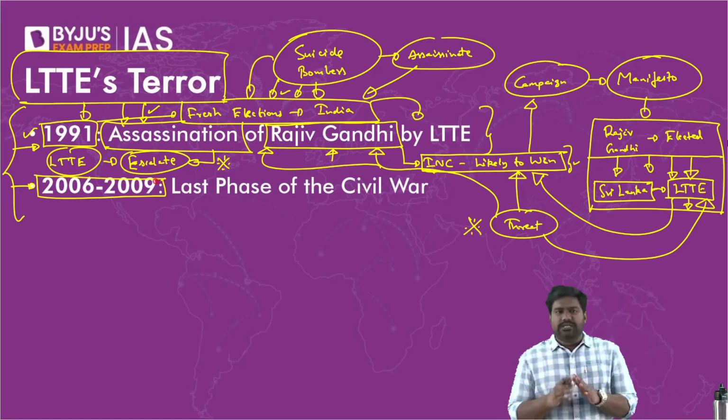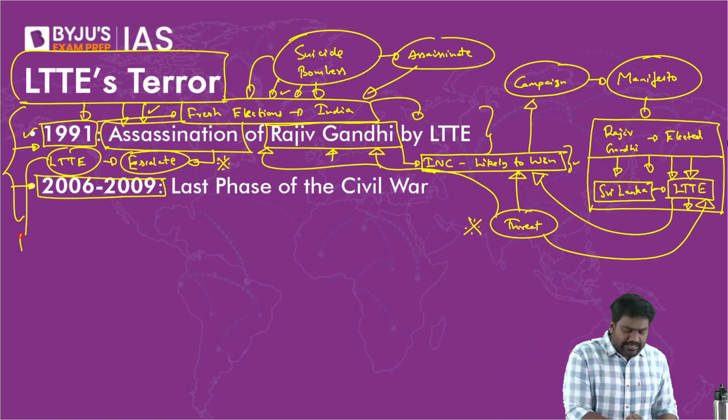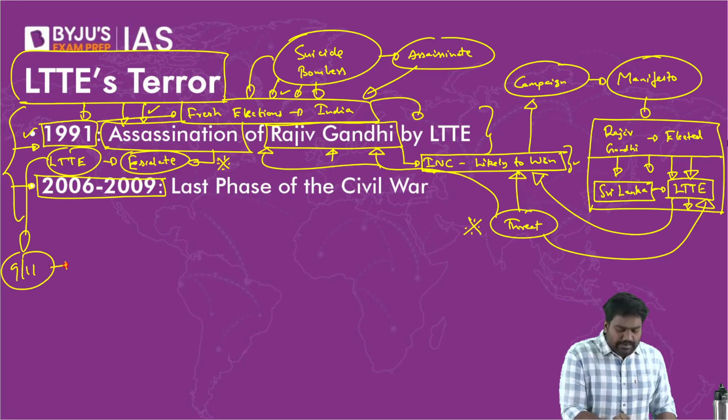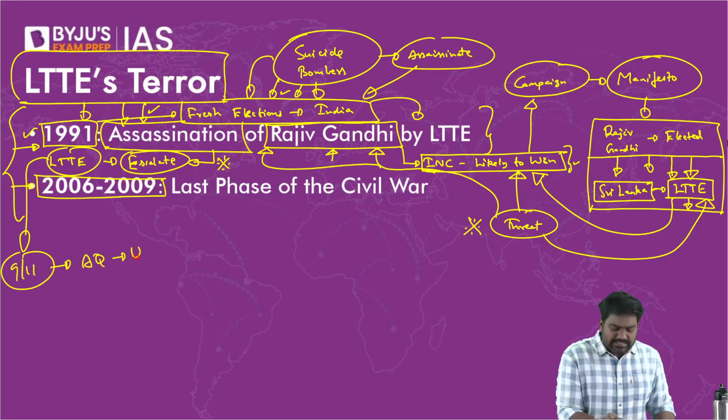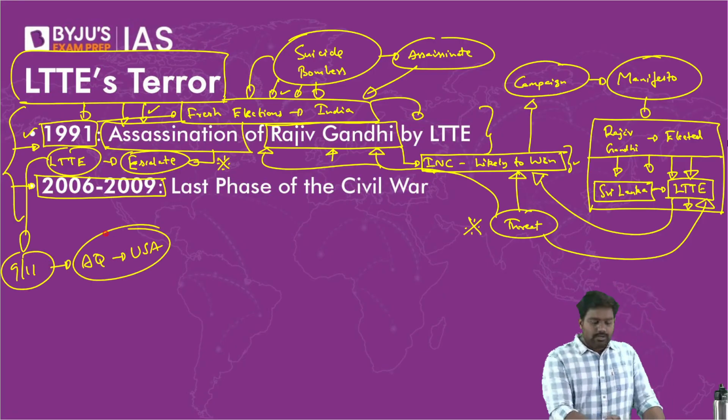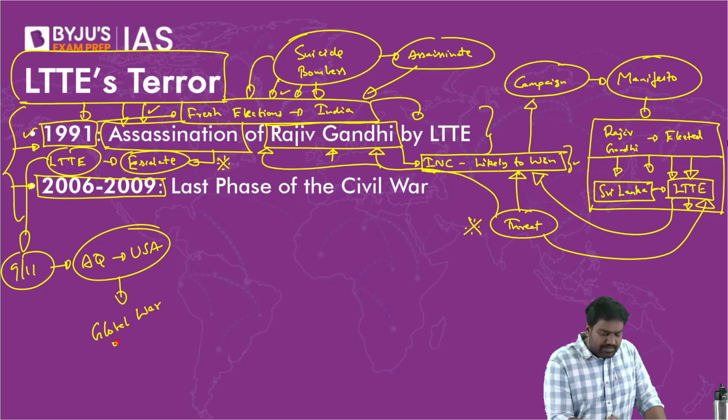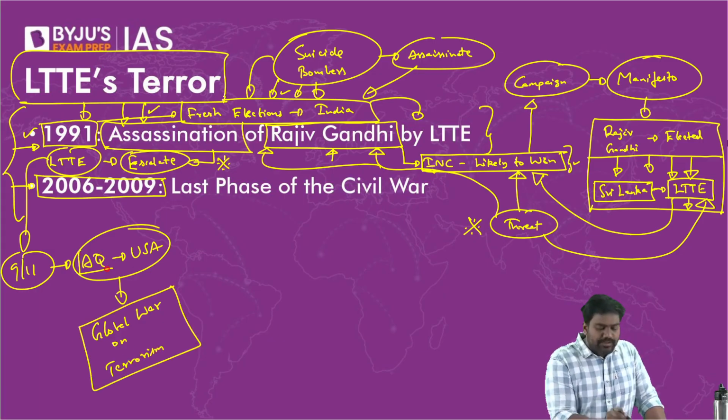In early 2000, there was some pressure because of the 9/11 attacks, where Al-Qaeda had carried out one of the biggest terror attacks against the US, following which the US had declared a global war on terrorism. The US was determined to target all terror groups, not just Al-Qaeda. So several countries had aligned with the US.